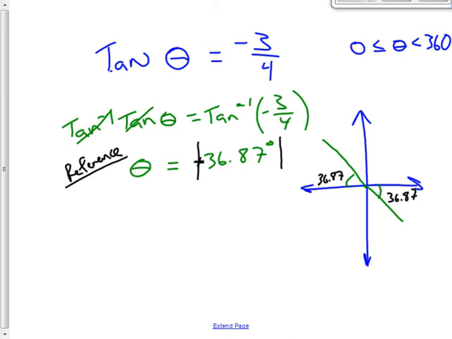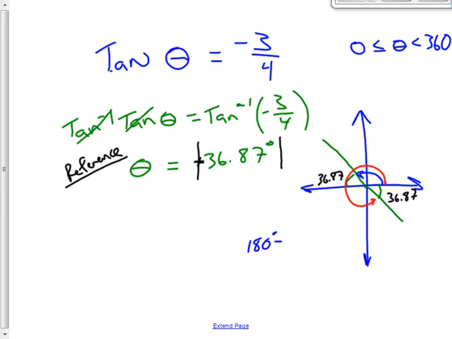My answer is going to come from finding out what this angle is right here and what this angle is. It goes all the way around and stops there. The angle in blue I can find by doing the same exact thing that I did before.